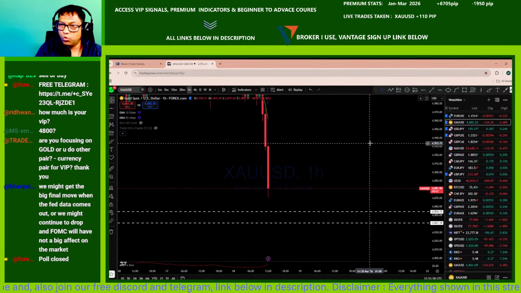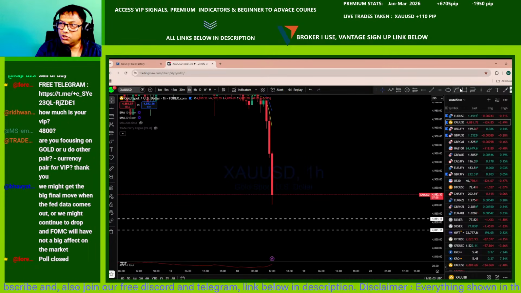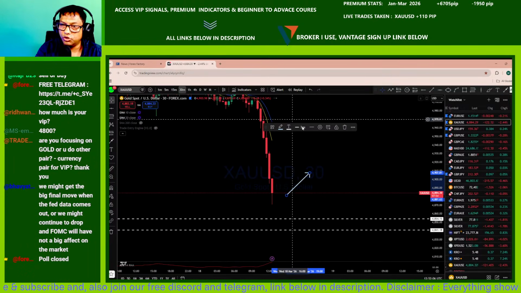If you look at this 1 hour candle, it has a significant drop, so if this one is going up here, it might create another selling opportunity for us.